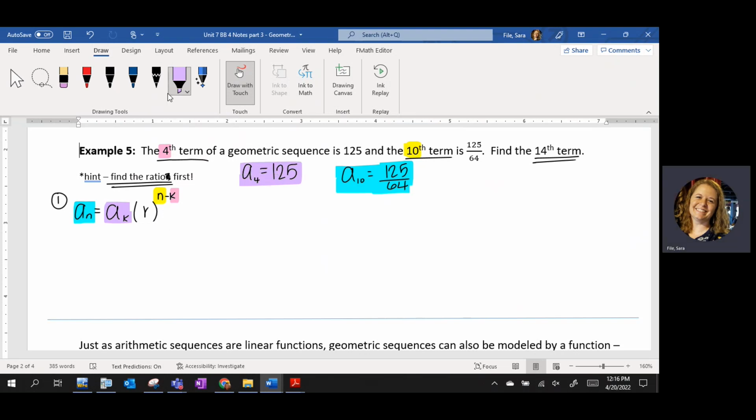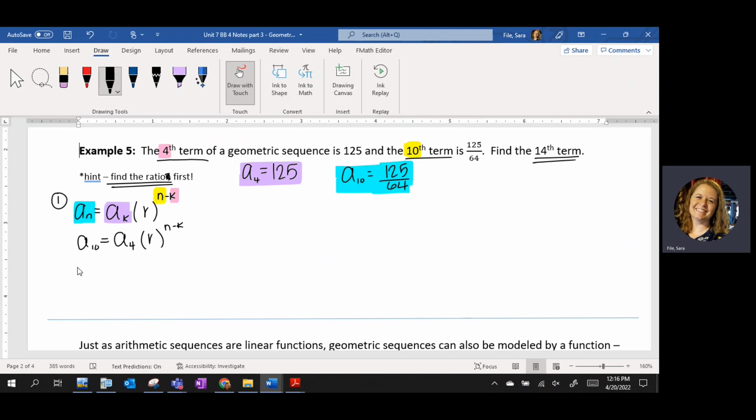Does this make sense? What I'm about to write is just extra. You don't have to change it to this, but for it to maybe make a little more sense, you could show that we're replacing N with 10 and we're replacing K with 4. If that makes it make more sense to you, great.